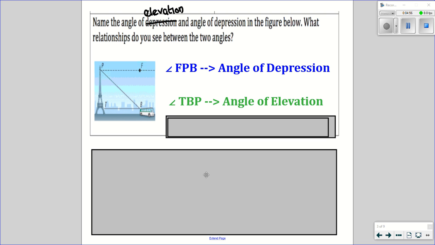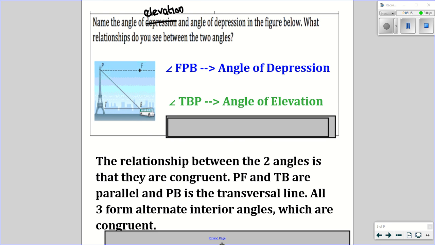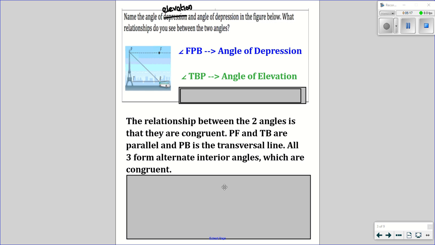If you thought alternate interior angles, yeah, you're close. The angle of depression and angle of elevation create alternate interior angles. And what do we know about alternate interior angles? They're congruent. So the angle of depression and angle of elevation are going to be congruent. PF and TB are parallel, and PB is a transversal, the sight line.